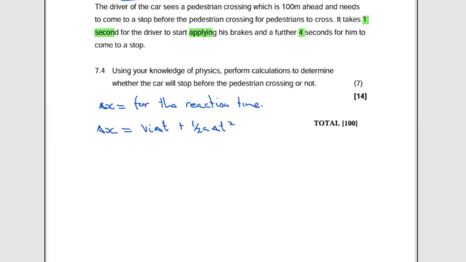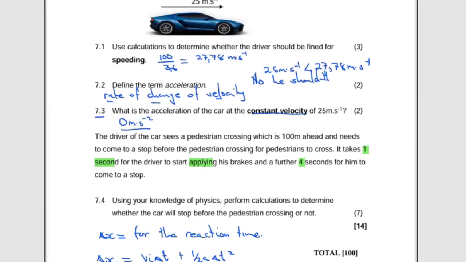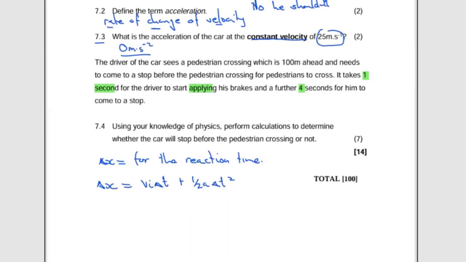Now, according to this, the speed that the driver was traveling at is given as 25 meters per second. So for the first part I'm going to say 25. The time that it took for him, the reaction time, is 1 second, so I'm going to multiply by 1, then plus half my acceleration.